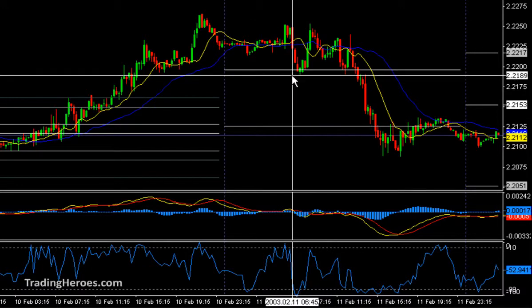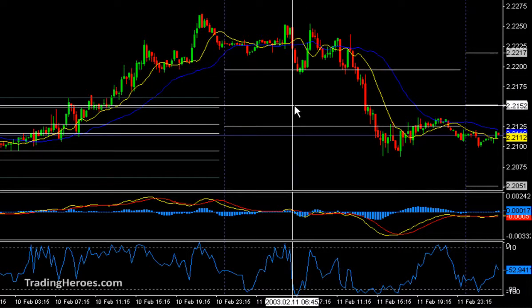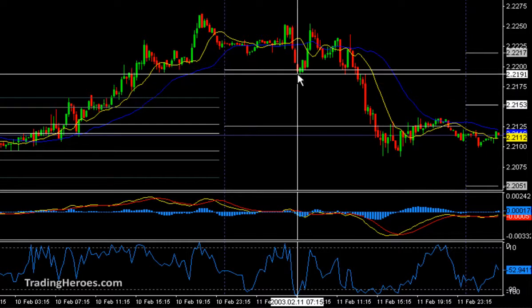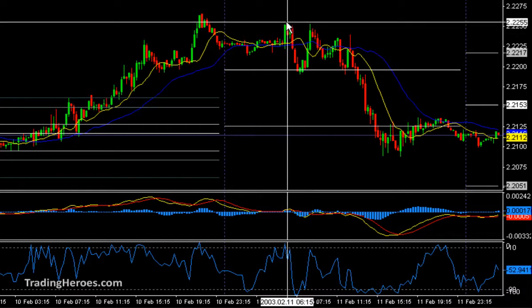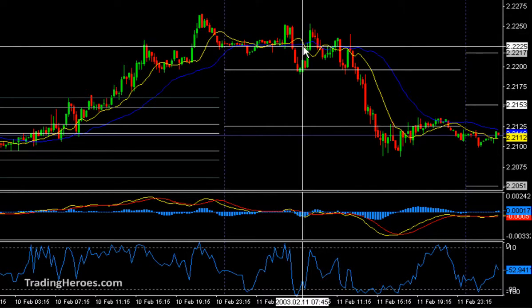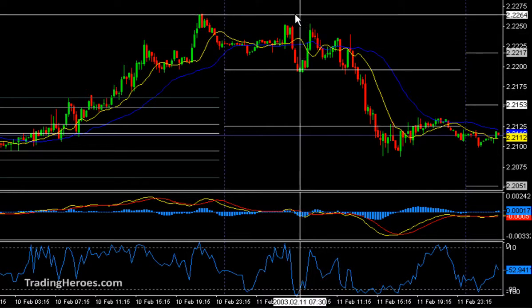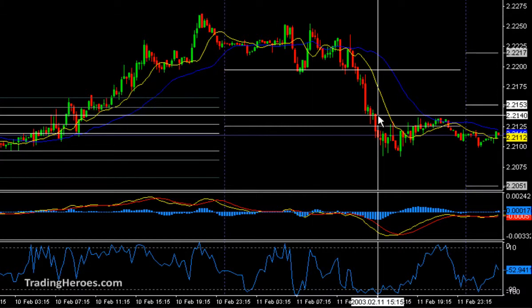I could have either played this bounce here where percent R was oversold, or I could have looked at this resistance level here where price is overbought. If I had gotten in here, put my stop maybe up here, and then just ridden this down, I would have had a good night.